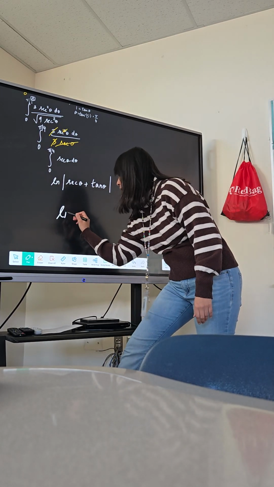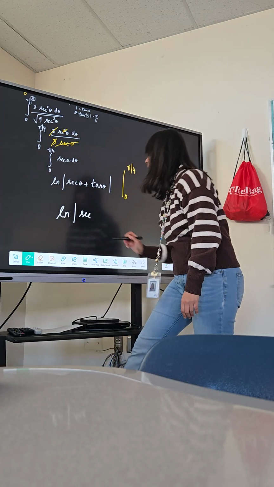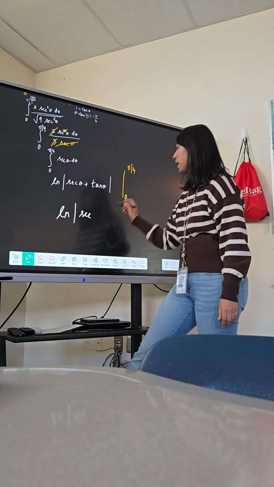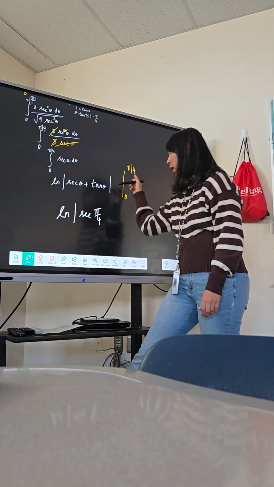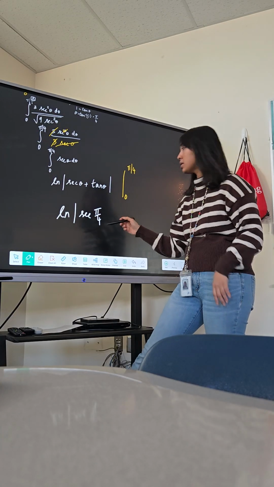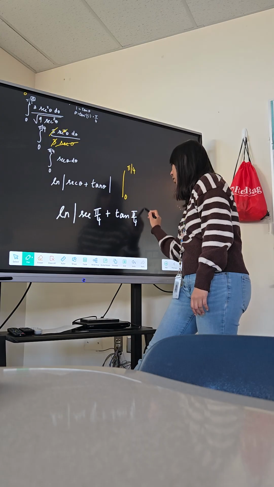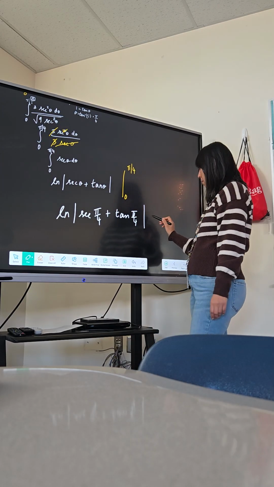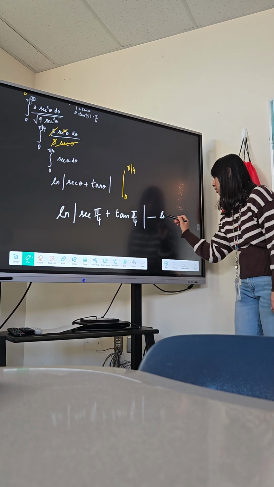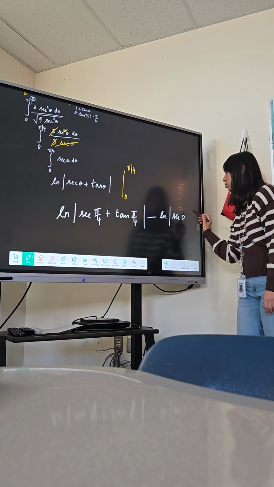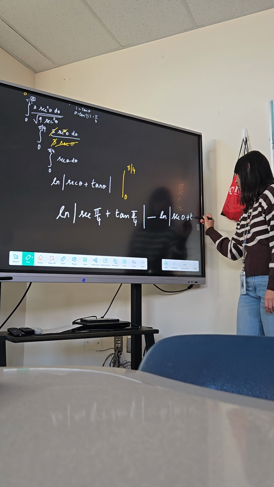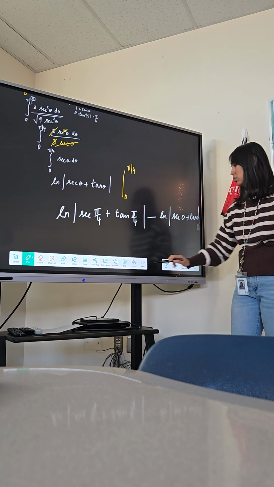Okay, ln of secant of pi over 4 plus tangent of pi over 4, I'm plugging in the upper bound, minus ln of secant 0 plus tangent 0.